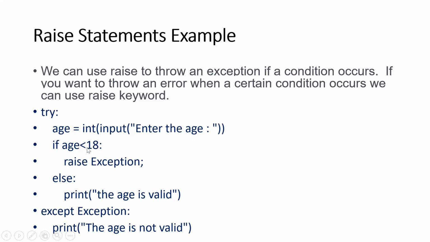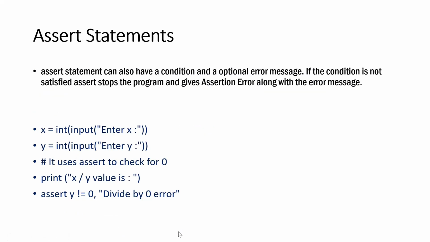If the age is less than 18, there is an exception. Otherwise print age is valid; except Exception, print age is not valid. Where you want to raise, you can use it.